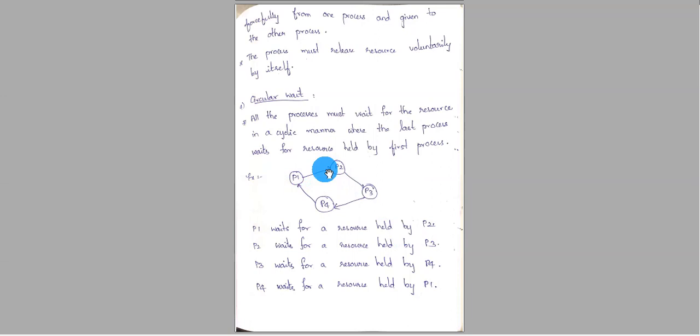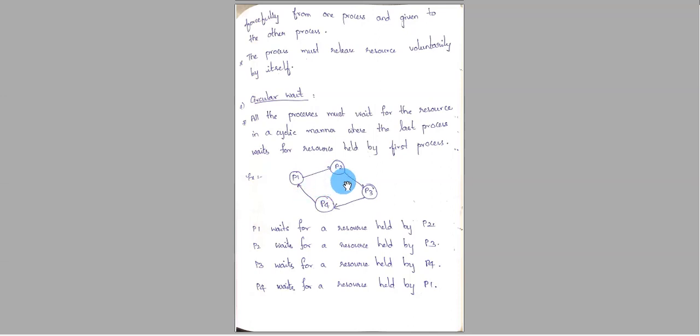This arrow indicates waiting. P1 is waiting for the resource held by P2. Similarly, P2 is waiting for the resource held by process P3. Similarly, P3 is waiting for the resource held by process P4. P4 is waiting for the resource held by process P1. Through this, you can understand circular wait.